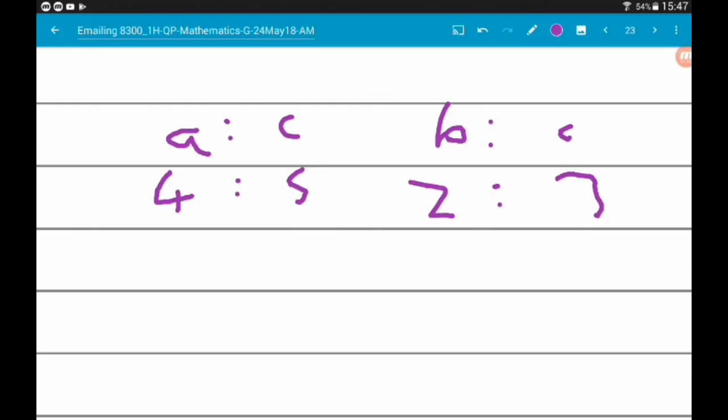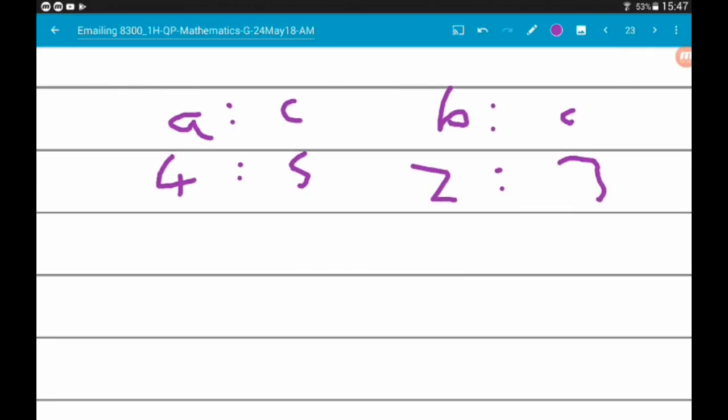The key to doing this is the letter that pops up in both ratios. Here, that's C. You can multiply ratios by any number that you want, as long as you multiply both sides by the same thing. So we're going to multiply each ratio separately, so that the C part is the same. The number that 5 and 3 both go into is 15.